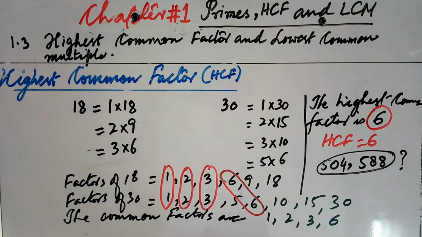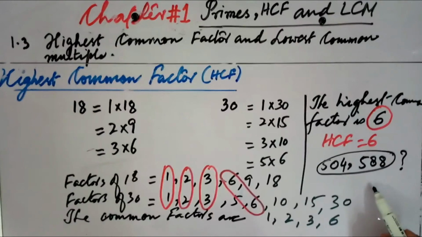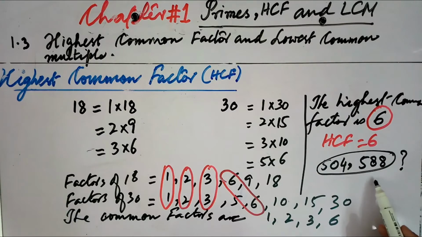But using the listing method to find the HCF of 504 and 588 is very troublesome because it involves many factors. Hence, there is a need for a more efficient method to find the HCF of 2 or more numbers. Let's use 2 new methods to find the HCF of smaller numbers like 18 and 30 first, and then we will find the HCF of these big numbers.